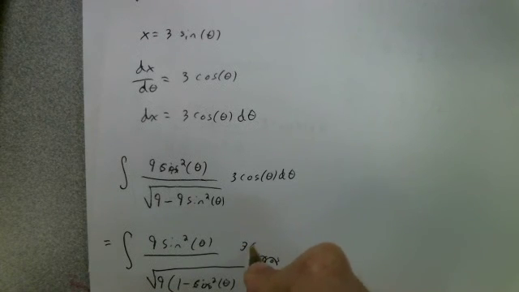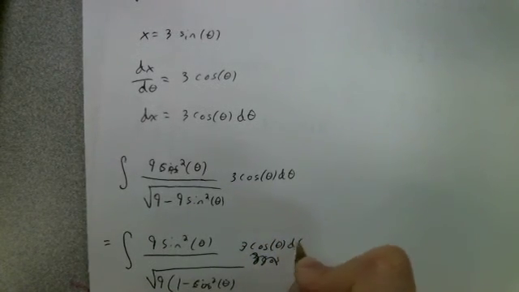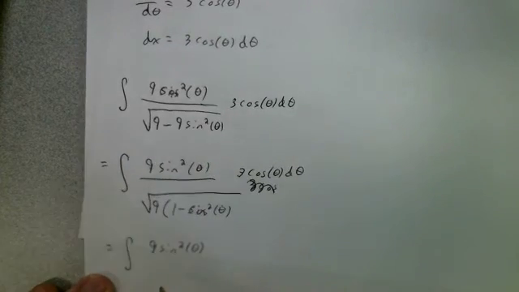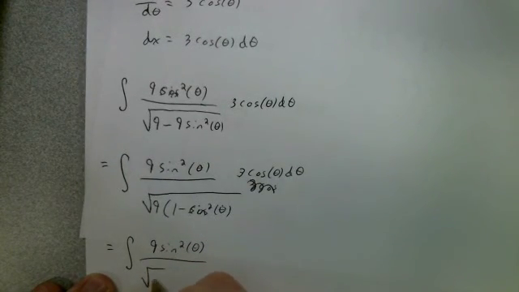Here we still got that 3 cosine theta d theta. Yay, now we have 9 times 1 minus sine squared on the bottom. Well, we can take that 1 minus sine squared and replace it with cosine squared.